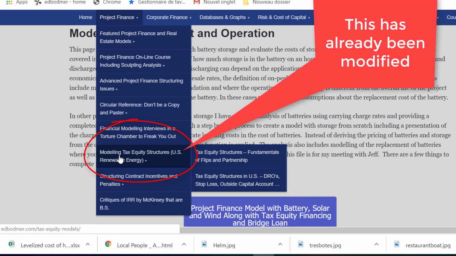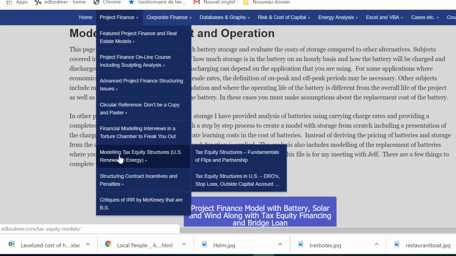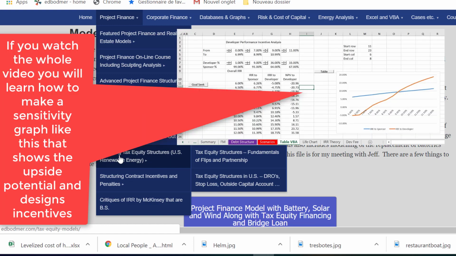I'm going to change the name of this because these structures are called a flip structure, when one party gets most of the money first, and then once an IRR is obtained, the other party gets the money after that. I call that a flip structure, and I go through the fundamentals of flip structures.